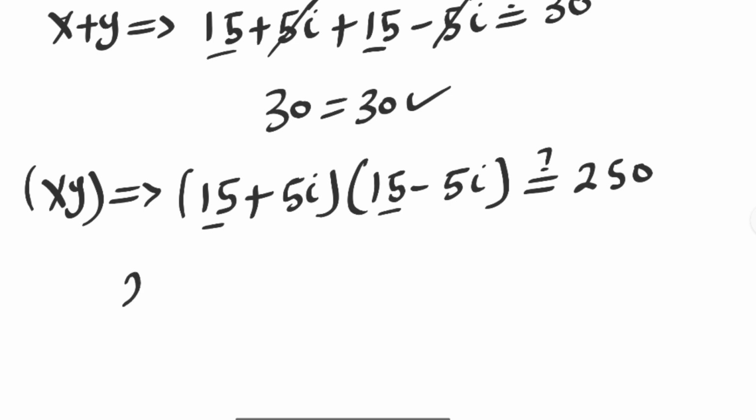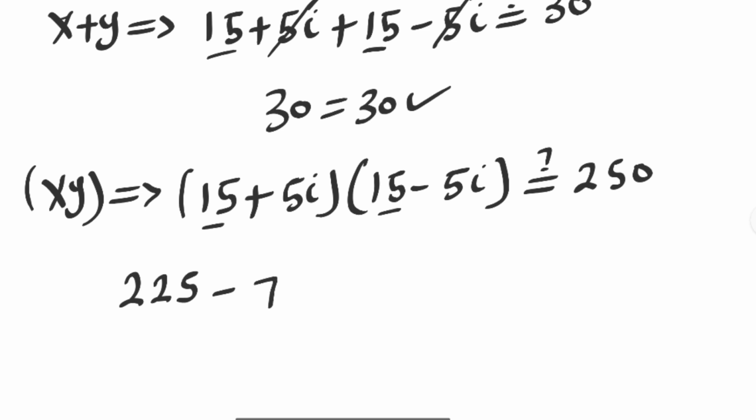This is 225, minus 15 times 5, that is 75i, minus 15 times 5i.